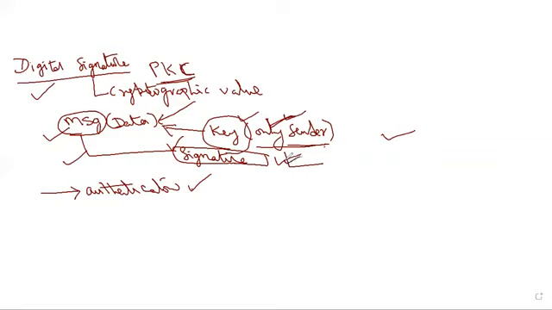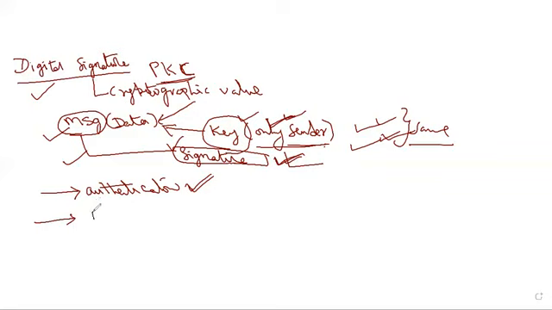Generally, along with the message, the sender also sends the signature. At the receiver end, the receiver also generates a signature from the received message and compares the generated signature and the received signature. If both are the same, then the receiver feels that the sender is authorized. That is called authentication. So authentication is verified by digital signature.